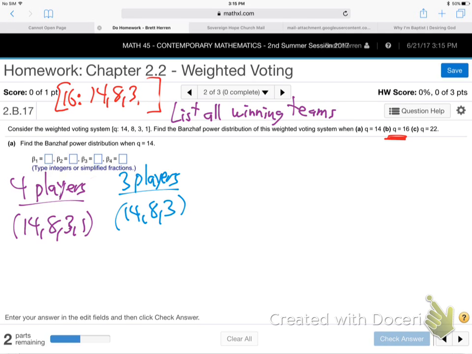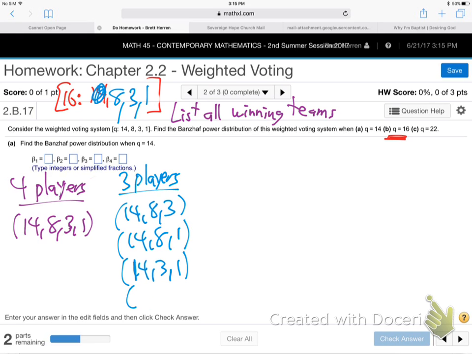And then put it back. Now cover up the 3. What do you got? 14, 8, 1. Okay, then put it back and cover up the 8. What do you got? 14, 3, 1. Then put it back. Then cover up the 14. What do you got? 8, 3, 1. Now, that's not a winner, but I'll go back and check.